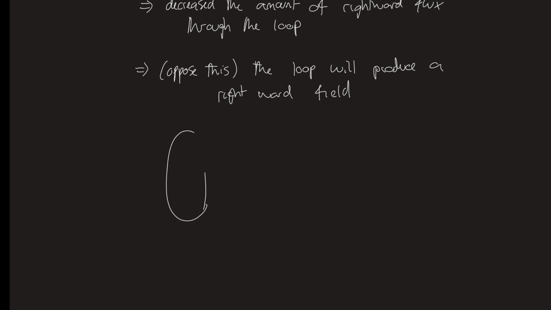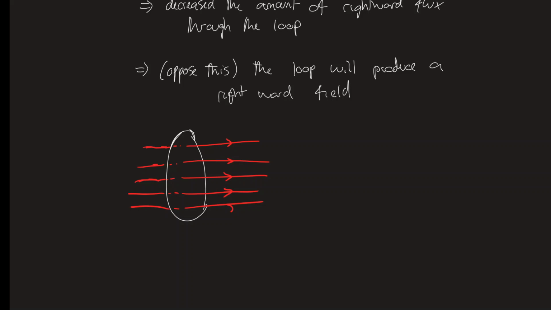So if we draw out that loop, and we put on the field line, so say it's going to the right like this. There you go. The dashed lines are just to improve the perspective, to show that the field is on the other side of the loop at that point.